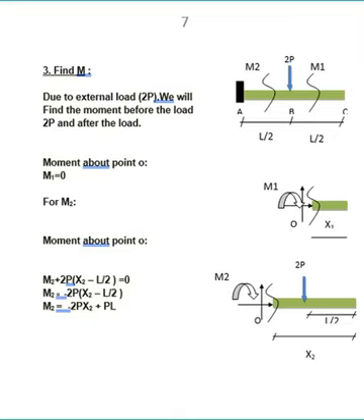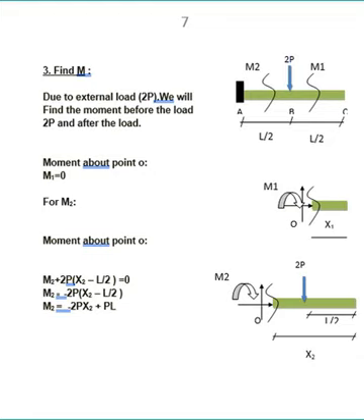M1 will be 0 here because there is no load at point C or between point C and the load 2P.